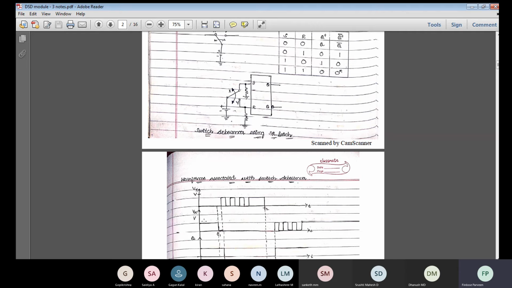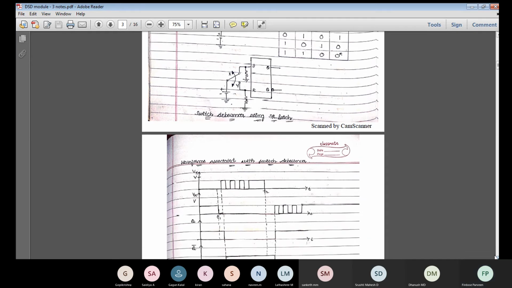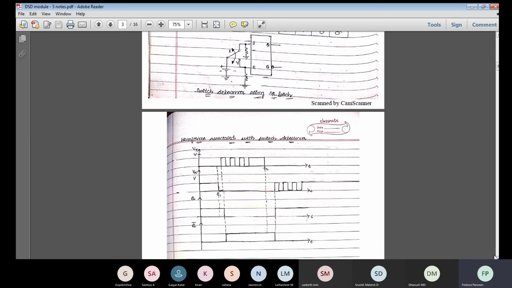You'll have some voltage over here, that is X, and R will be equal to 0. So when S is equal to 1 and R is equal to 0, what about your Q? It is equal to 1 and 0. That is, Q will be 1. So this is 1 and this is 0. You can see till here it will be 1.